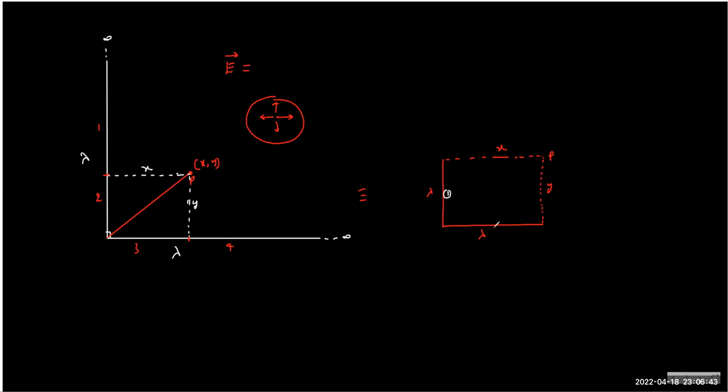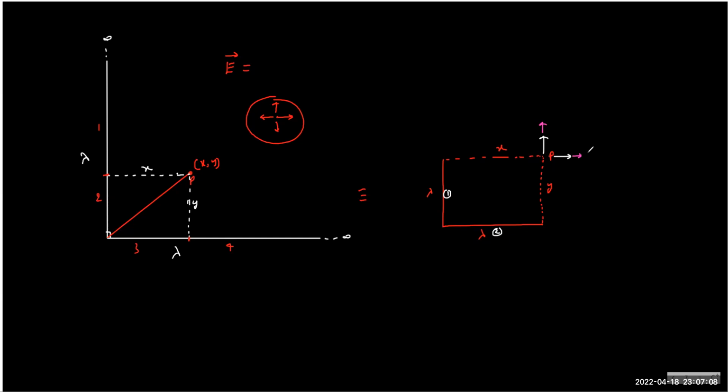Let's call this 1. This is 2. So 1 will create, you can just take it right and up, and the 2 will create right and up only. So the right you can just add.